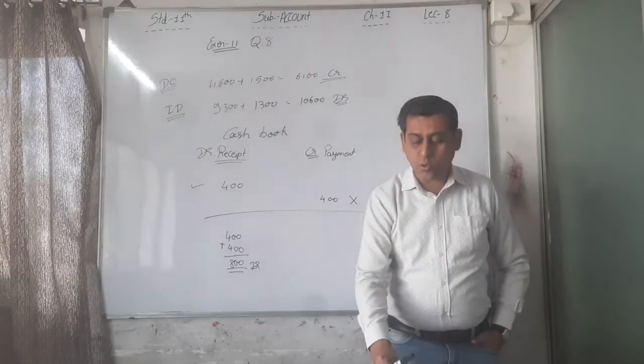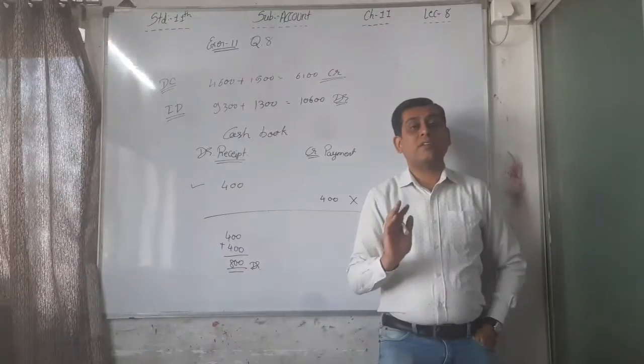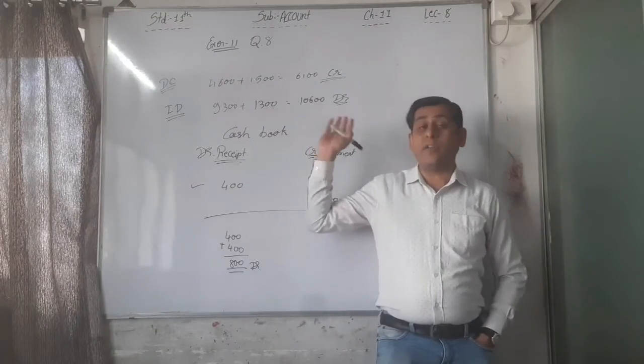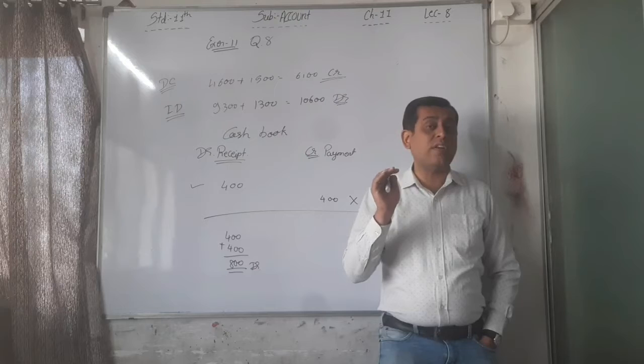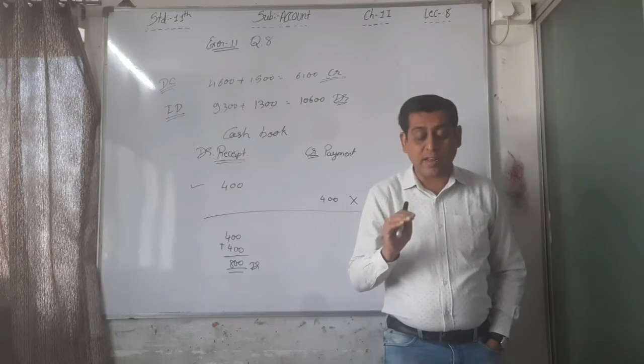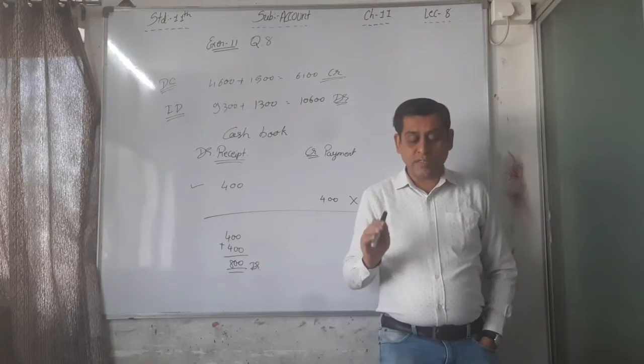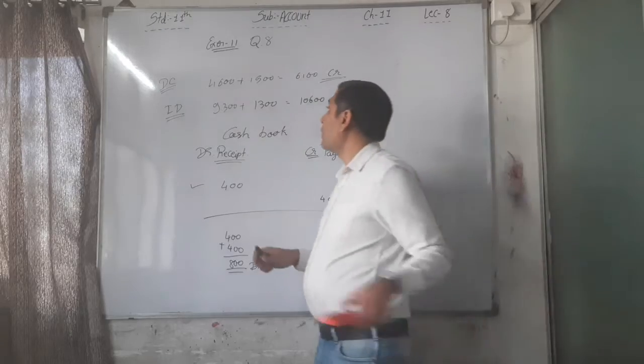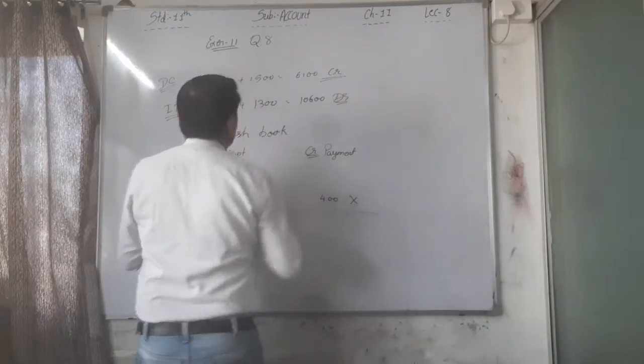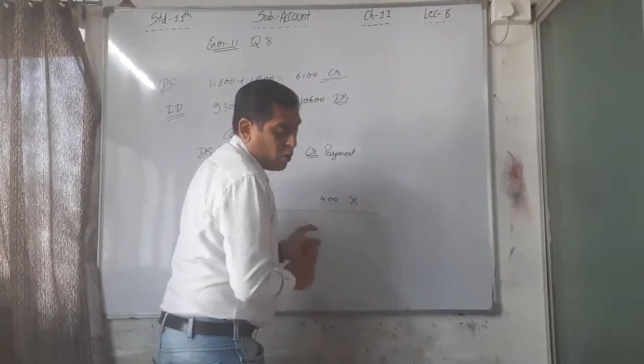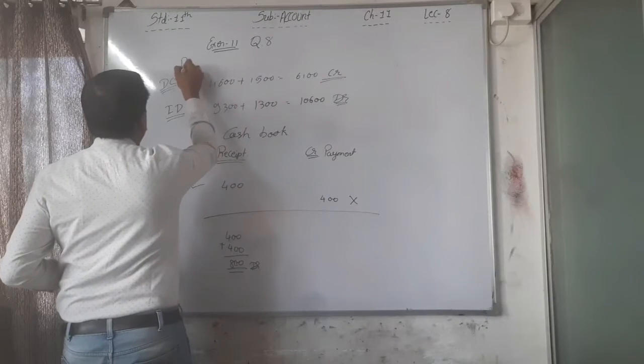So after this, all the situations are over. Again you have to do the same procedure we did in our last sum, that is, in sum 7. The starting point here is bank overdraft as per cash book.